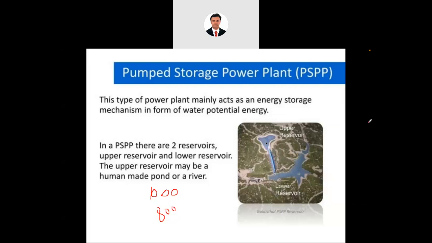Okay, and when the energy demand has increased, in that case you can use this stored water at higher level to produce the energy. Okay, so that's how the pumped storage power plant works.